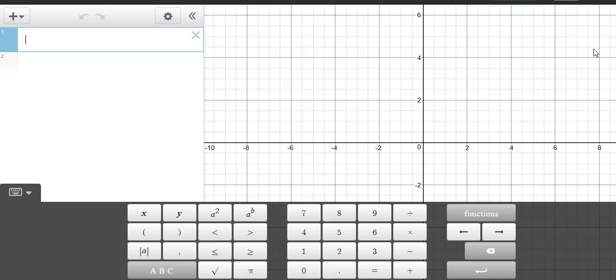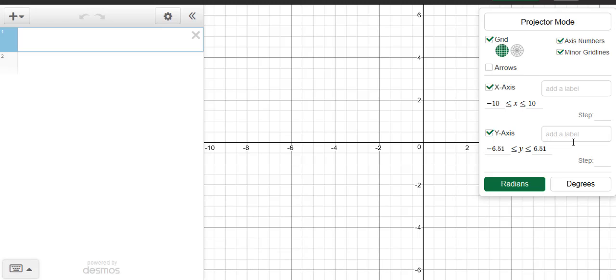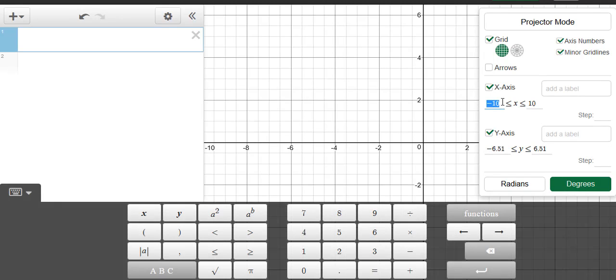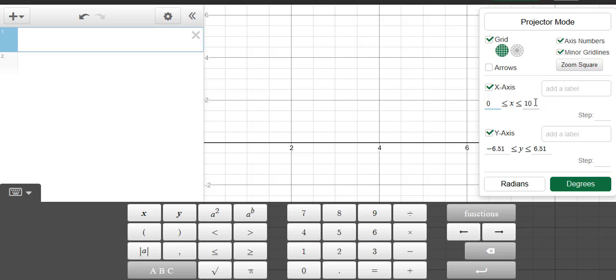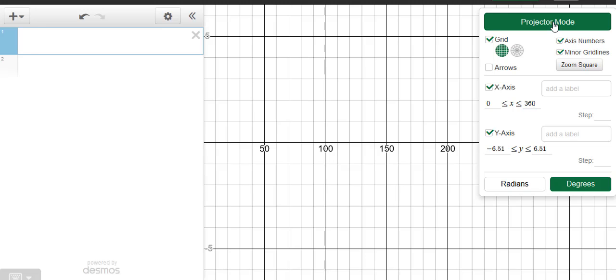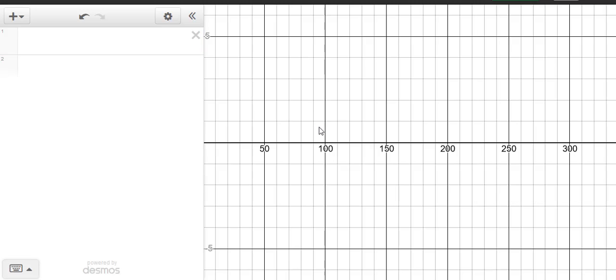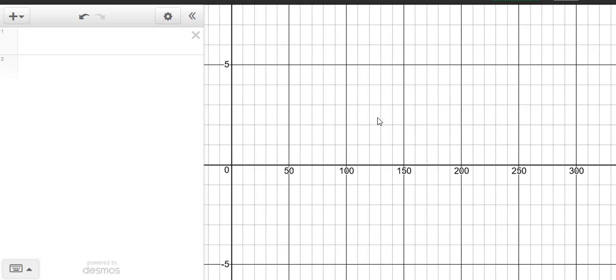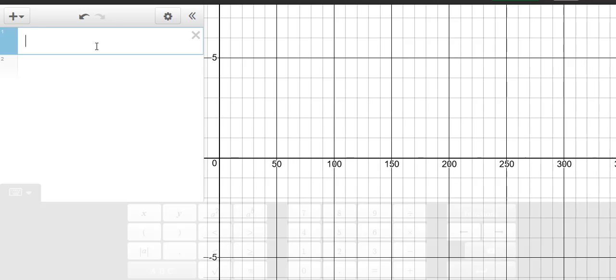I know that you can't quite see what I'm talking about, but you're going to click the wrench icon right in this corner. It's the graph settings. And let's change it to degrees right now. Okay, and let's change our x-axis from 0 to 360 degrees. Okay, and that's about all you need to do. I'll put it on projector mode just to make it easier to see. Okay, all right, so let's type it in.